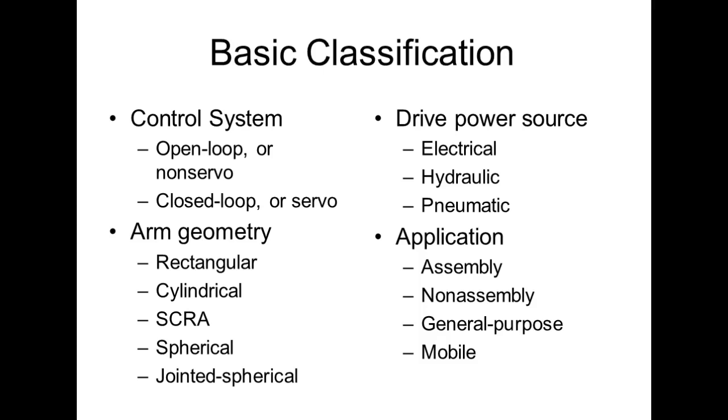Drive power: we classify them by what drive power the robot uses. We understand now that the controller has got to be what? It's got to be electric, right? So what we're talking about here is the power system, what power system the robot uses. Our robots use electric or servo motors. Servo motor, that's the term. What's a servo motor?